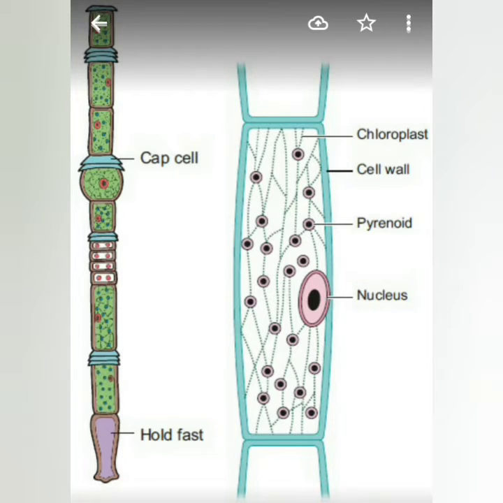And this filamentous body, if you see at the bottom here, may get attached to a stone, wood, aquatic plants, leaves, small branches or plant remains, anything which is there in the water.